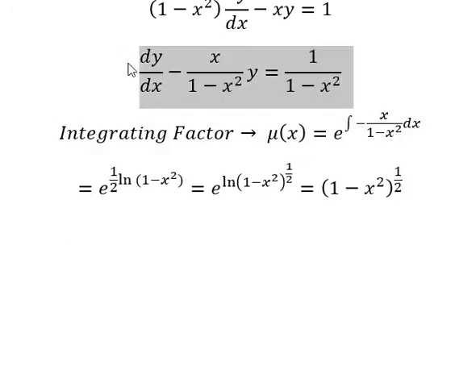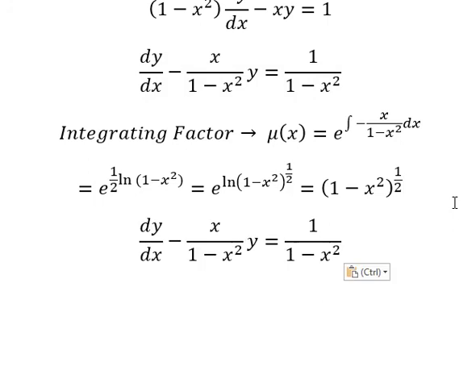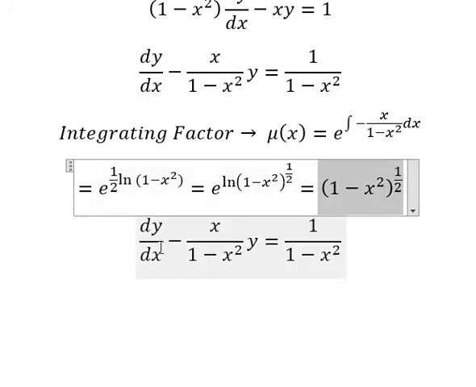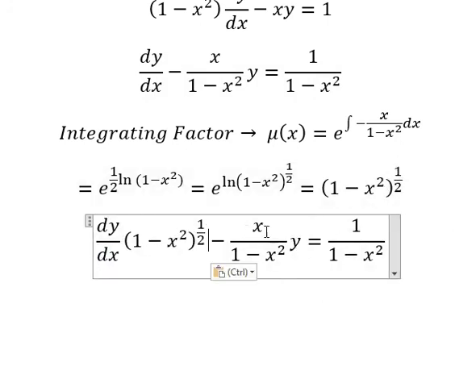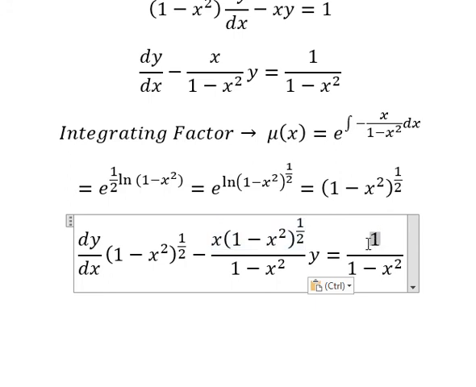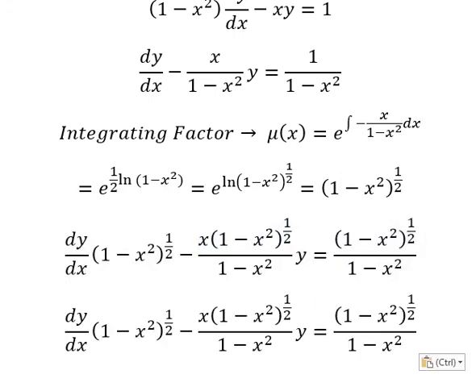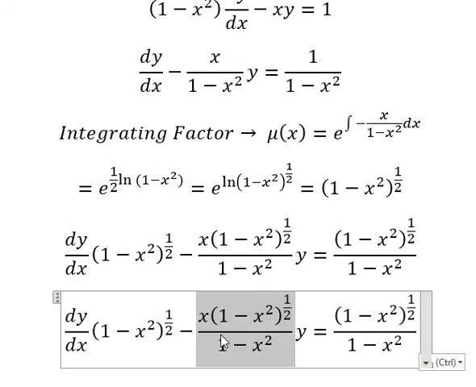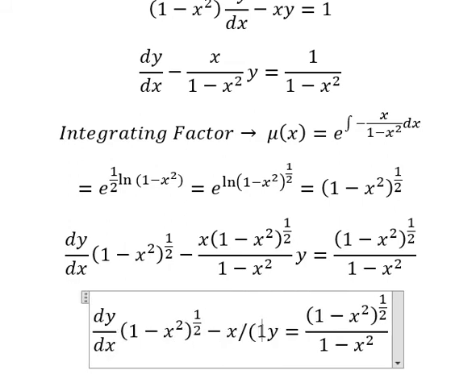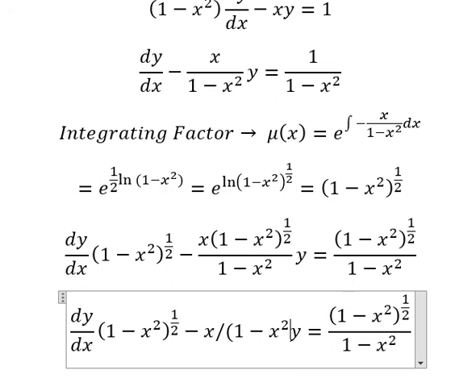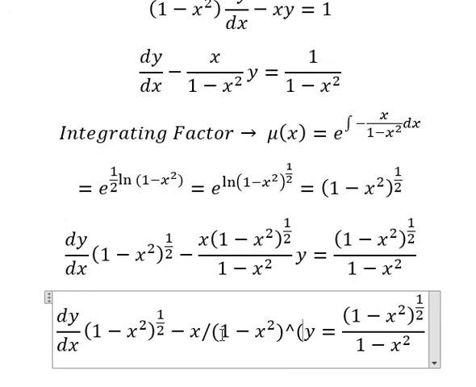And now we need to multiply both sides by this one. So this one we can simplify, and we have s over 1 minus s squared to the power of 1 over 2.